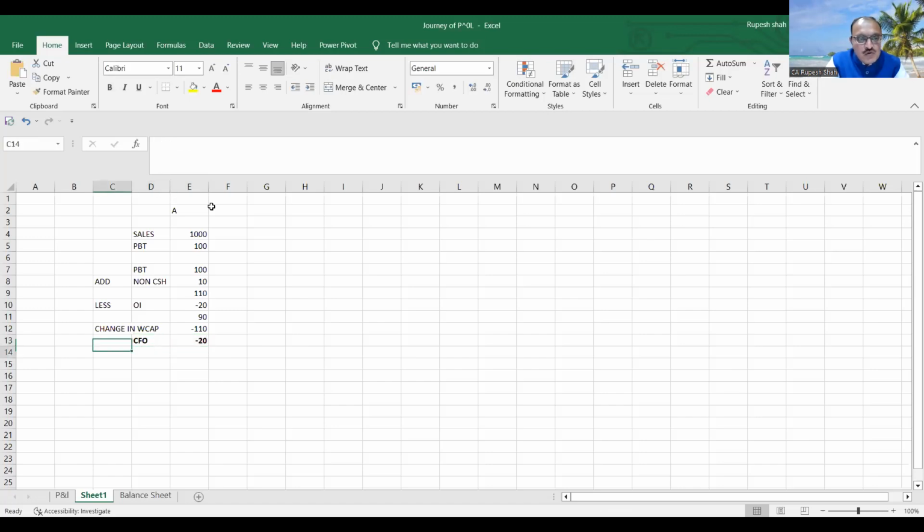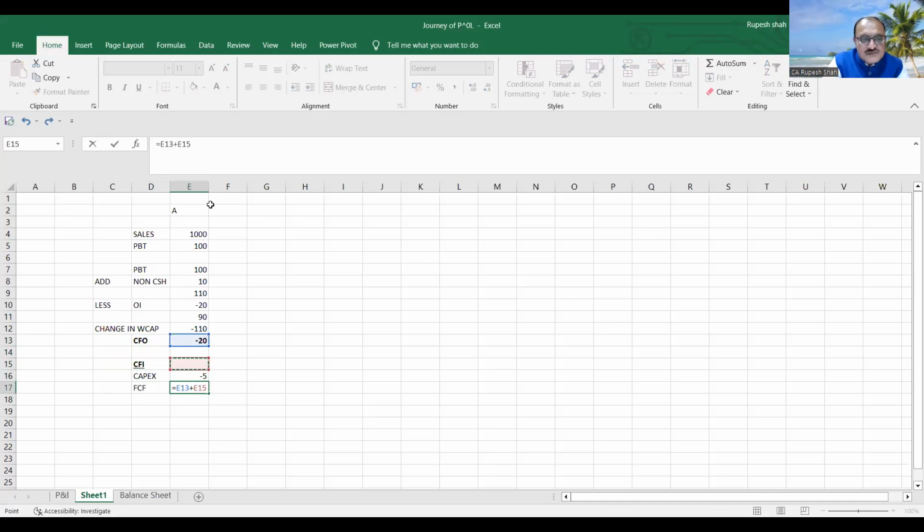Right? Now I have to talk about my cash flow from investments, and say I am doing capex of say 5 crore, minus 5 crore. So in this case, my free cash flow is what? Minus 25.